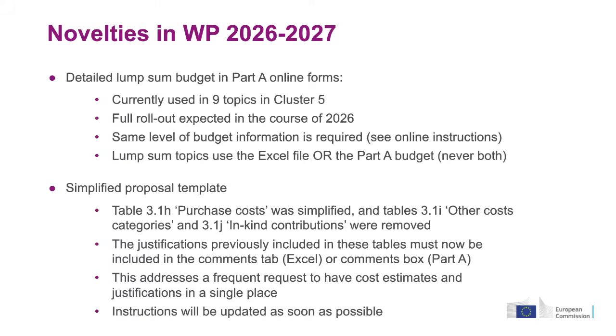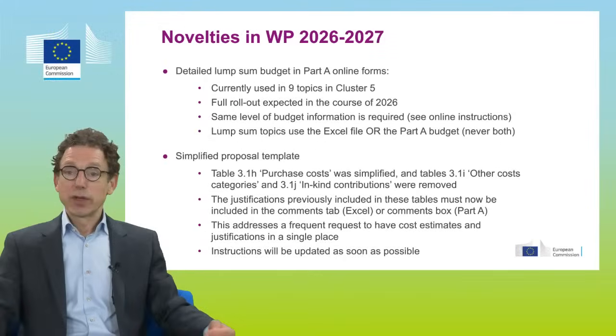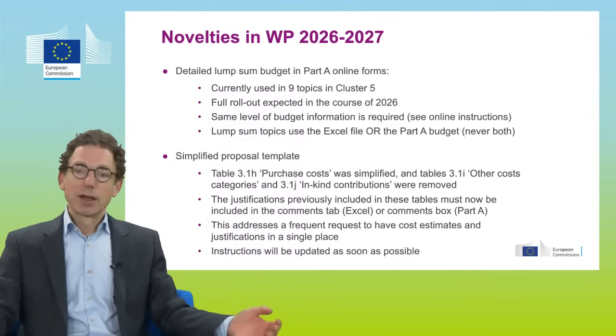In the lump sum scheme, what we would like you to do, if you are using any of these costs, and we are adapting the instructions to this extent, is to put the justification for these items in the comments tab or in the comments box. So there are no longer these tables. The advantage is also that the explanation for cost items and the cost estimates themselves come closer to each other.